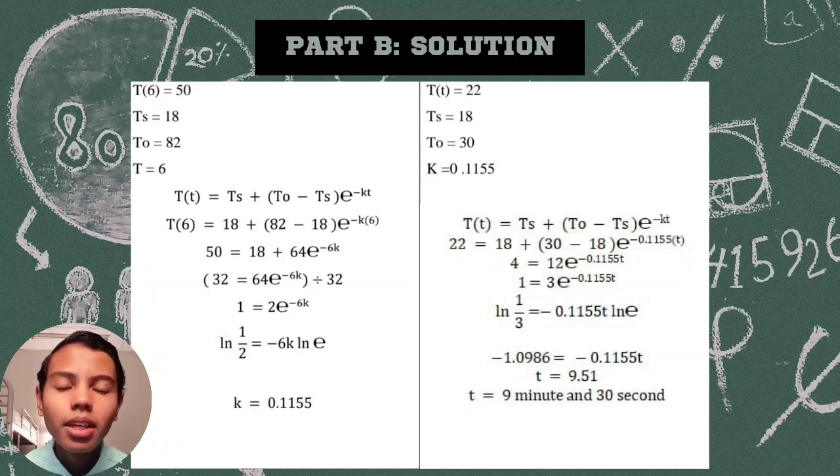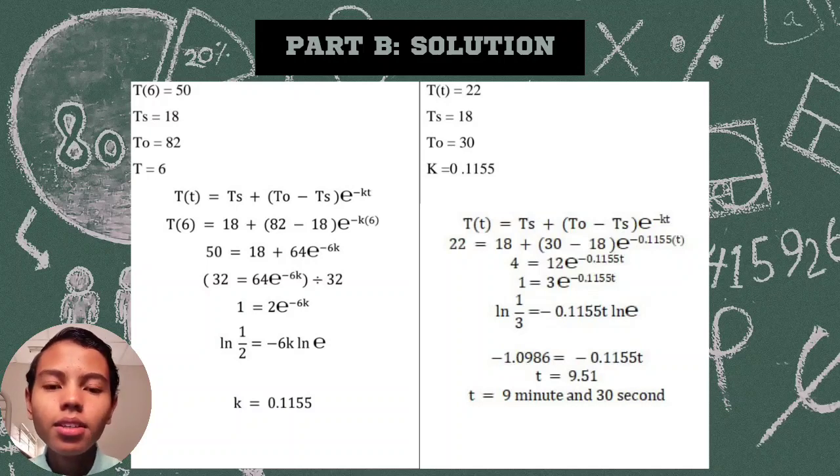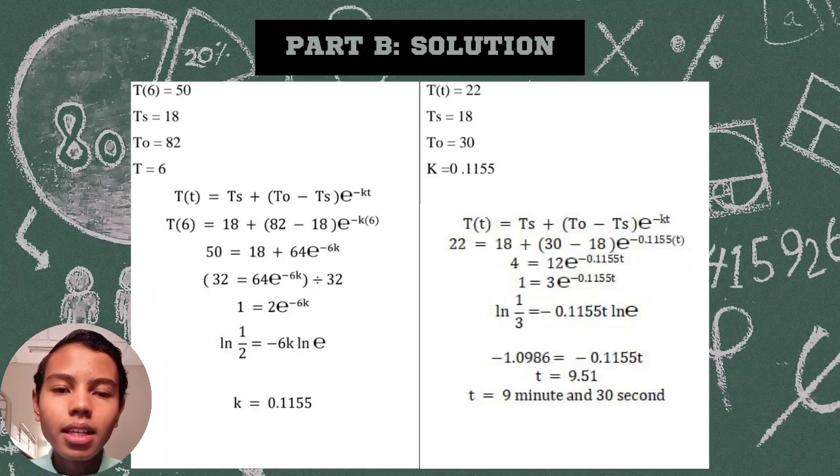Then we get that k, the constant of the object, is 0.1155. Next, after we get the constant value, we use it in the same Newton's law of cooling formula: T(t) equals Ts plus open bracket To minus Ts close bracket e to the power of negative kt.